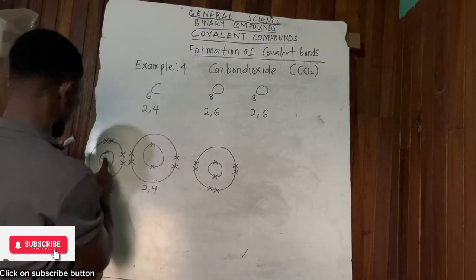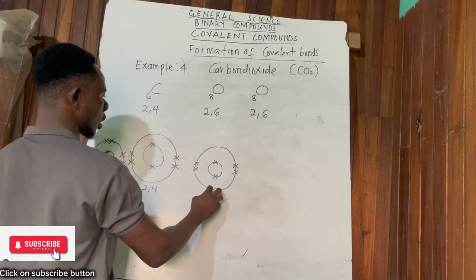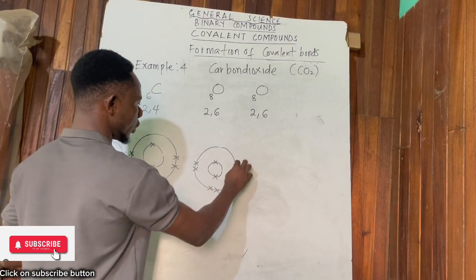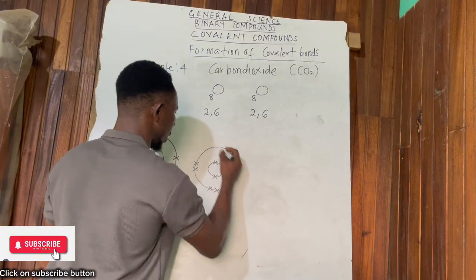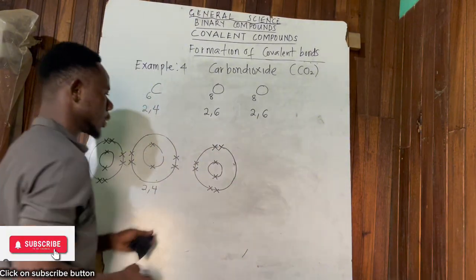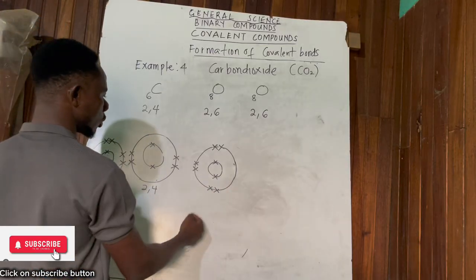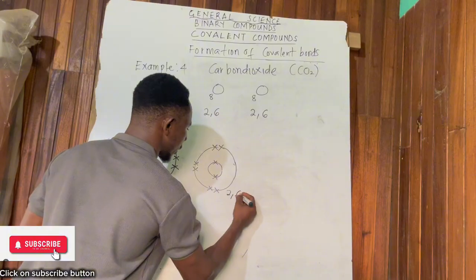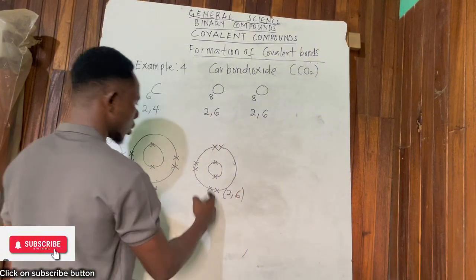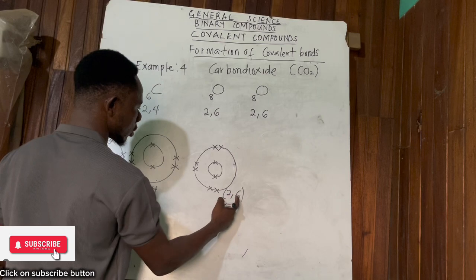So you can bring these two here and here, or here and here. You can also, if you like, bring these two here like this. You can bring it here like this. 1, 2, like this. Are you getting it? So this is 2 and 6.